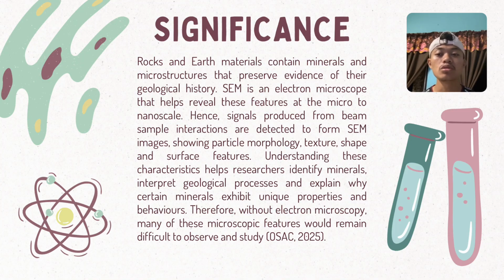This allows researchers to study particle shape, texture, surface features, and mineral morphology in great detail. As a result, electron microscopy helps scientists identify minerals, understand geological processes, and explain the unique properties of different earth materials. Without this technology, many microscopic features would remain difficult to observe.